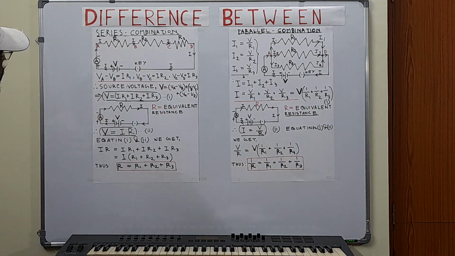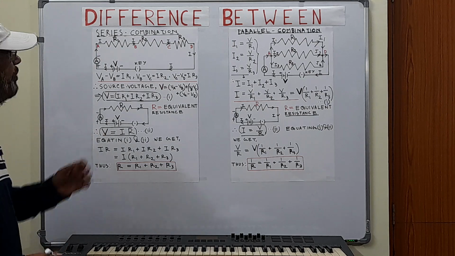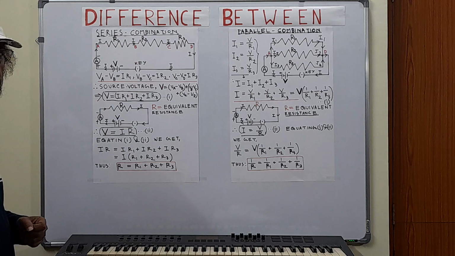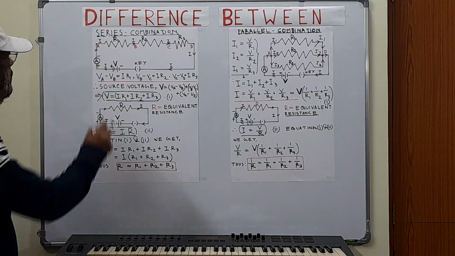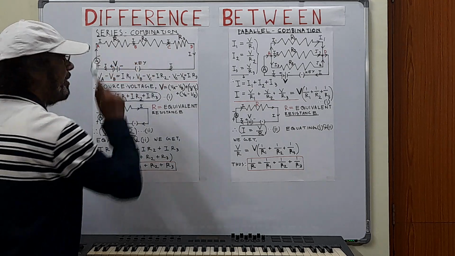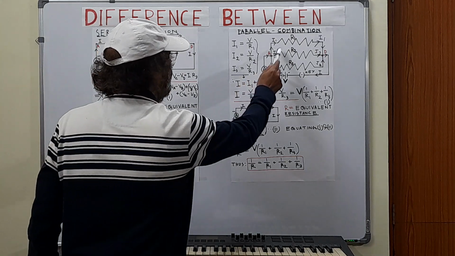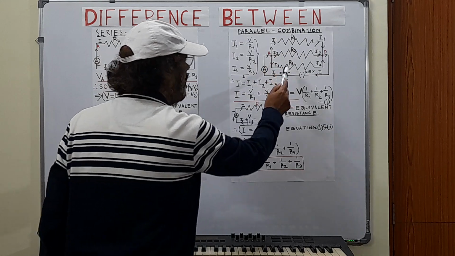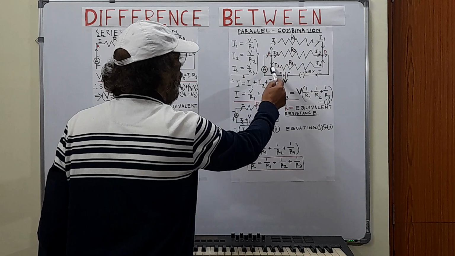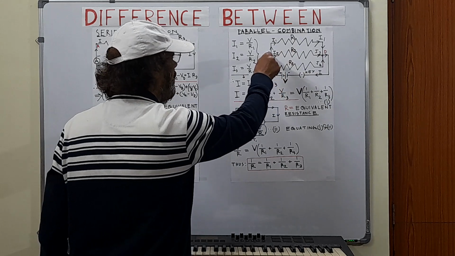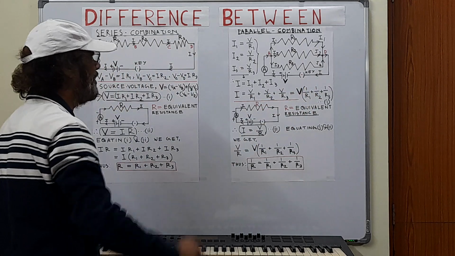Now, the basic difference between series and parallel combination is that in series combination, the resistances are connected end to end. And here, the resistances are connected in such a way that one end of all three will be connected at a single point and the other end will be connected at another single point.